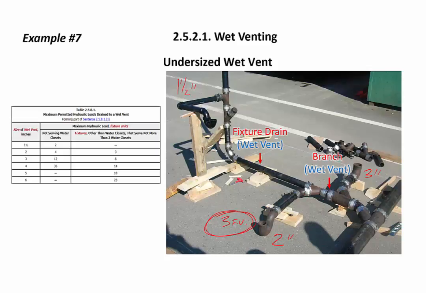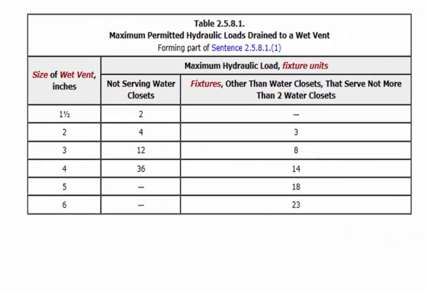We're not symmetrically connected with the water closet, so the load must be included, those 3 fixture units. 1.5 inch lavatories are 1.5 fixture units. So the total load draining to this wet vent is actually 4.5 fixture units, and we're serving a water closet.